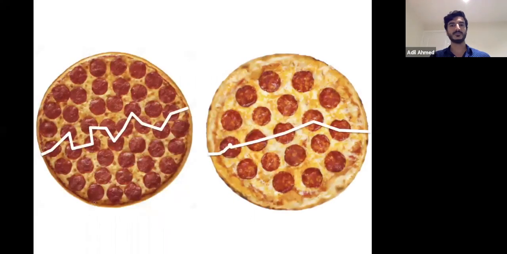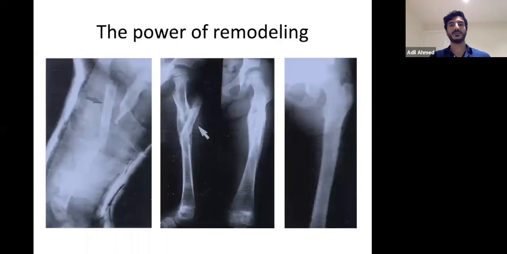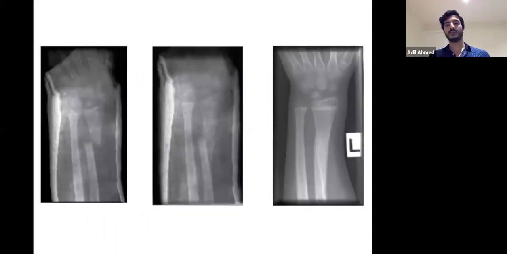So, this is just an example of the power of remodeling. In these slides, you can see this radial shaft fracture, which actually was completely off-ended in the radioulnar plane. And you can see this is what we called minimal bayonet, or bayonet apposition. So this means overlap of some degree, but it's in line.